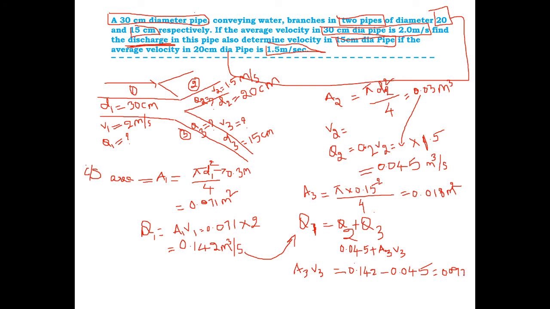Okay, so from this you will get the velocity V3. You don't know velocity here. Understood? So you have to find out the velocity at point 3 or in pipe 3. That is V3 equal to this discharge 0.097 divided by 0.018.